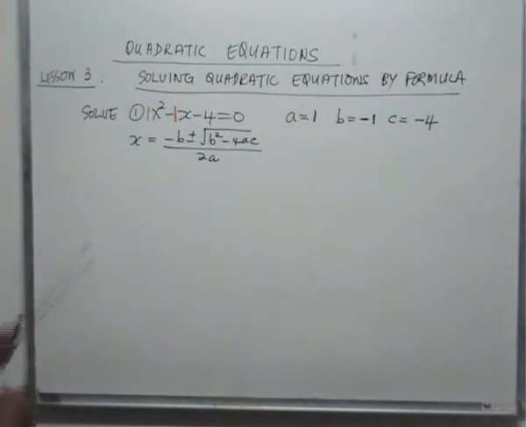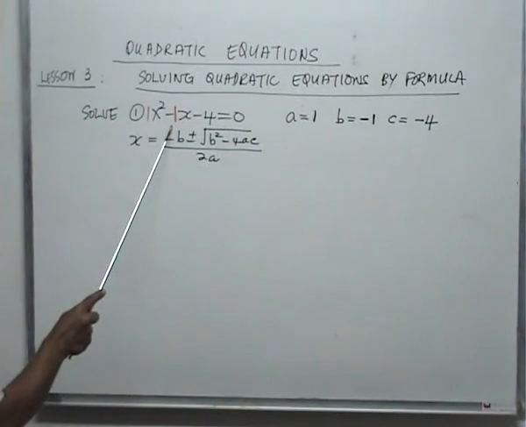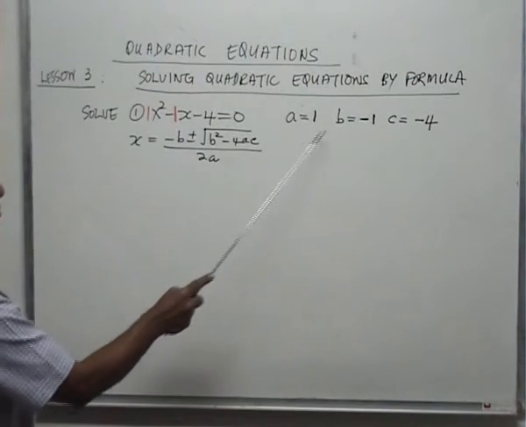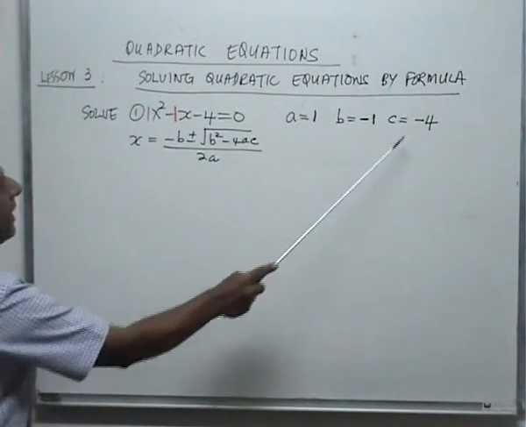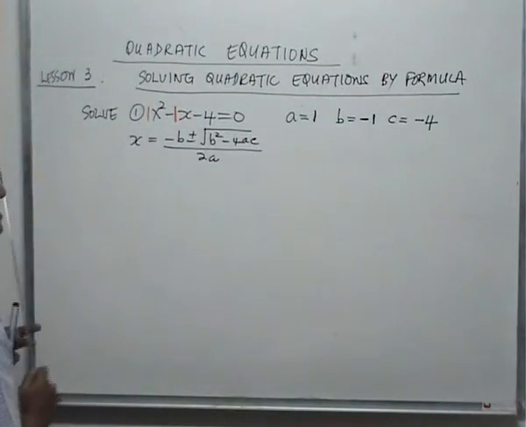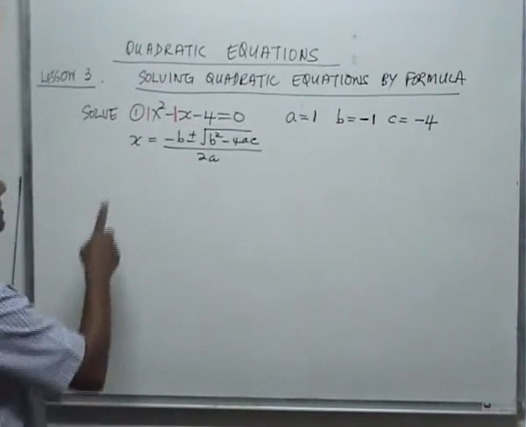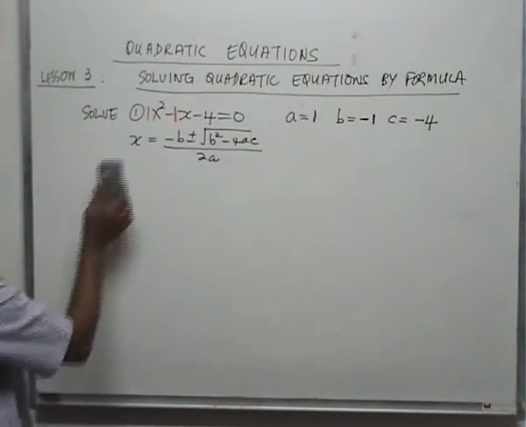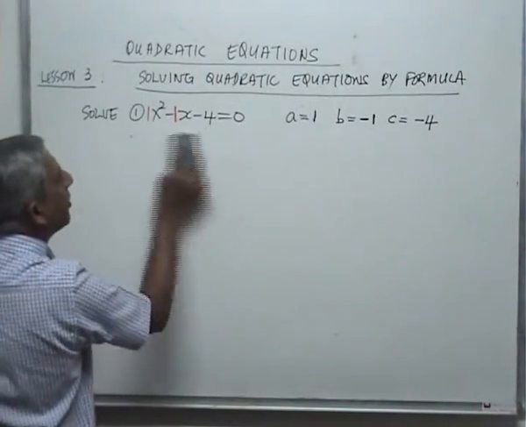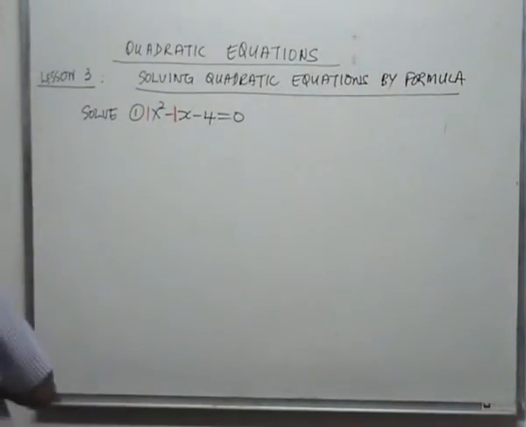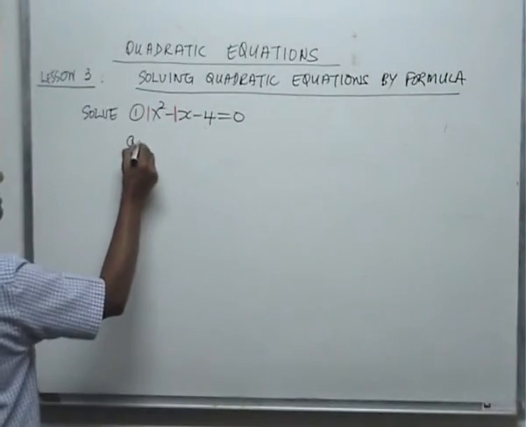Alright, so we have identified a, b and c. It's better to write it down like this: a is 1, b is minus 1 and c is minus 4. You can write it just below the example, it might be even better. What is a? a is 1.